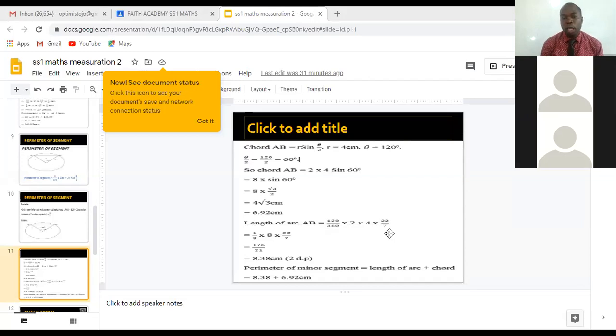I will take my time to explain the formula. But just know the formula first, then know how to use it. Know the formula, it is there in your textbook. Then the length of an arc will give you 8.38 centimeters to 2 decimal places.